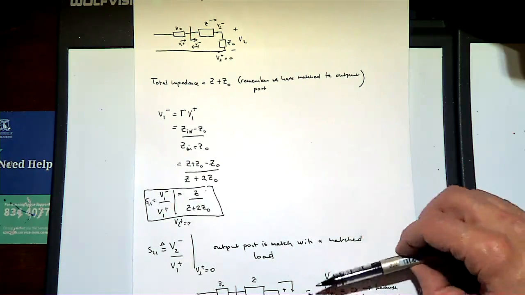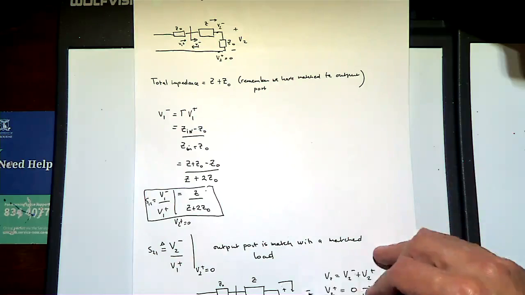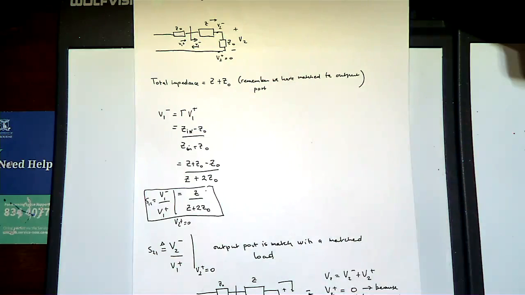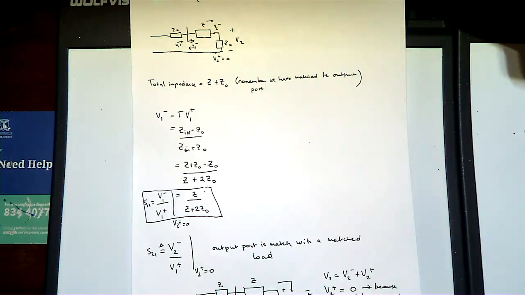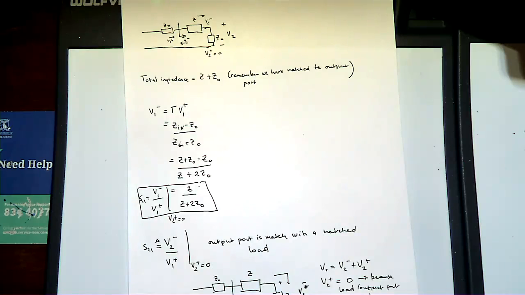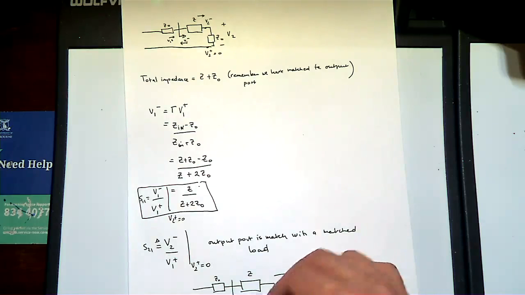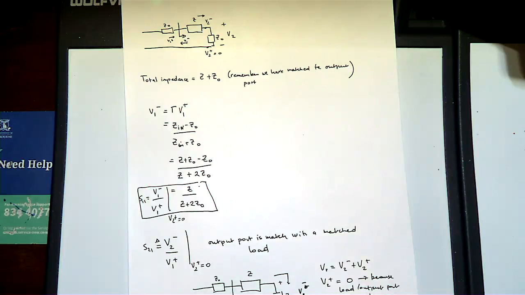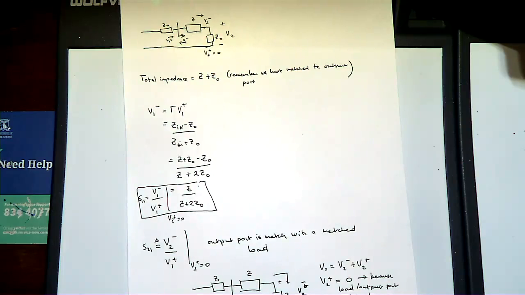So therefore that says essentially that V2 minus, which is actually leaving the port, is equal to Z0 times the current. Likewise, we've got a relationship for V1, which is V1 plus V1 minus. We know that V1 minus is related to V1 plus by the reflection coefficient, which in this particular case we've determined to be equal to S11.